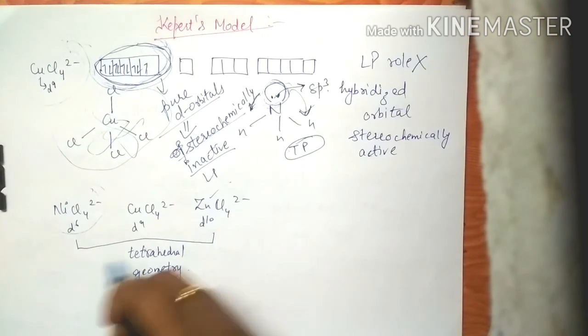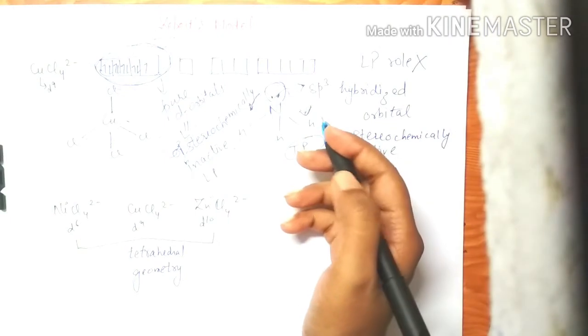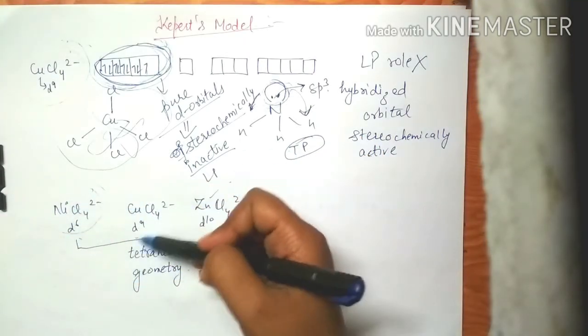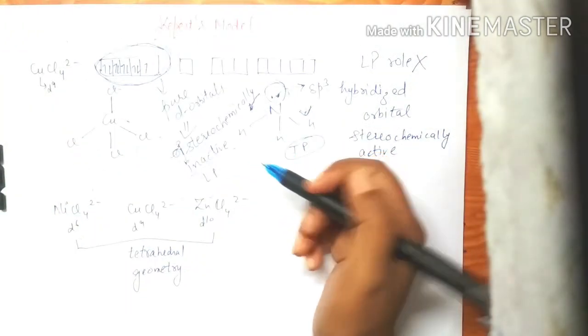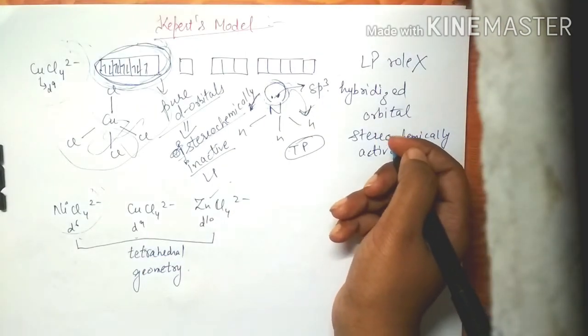Okay, all of them, irrespective of the number of d electrons or lone pairs on the central metal atom, are going to have tetrahedral geometry because the lone pairs are stereochemically inactive.